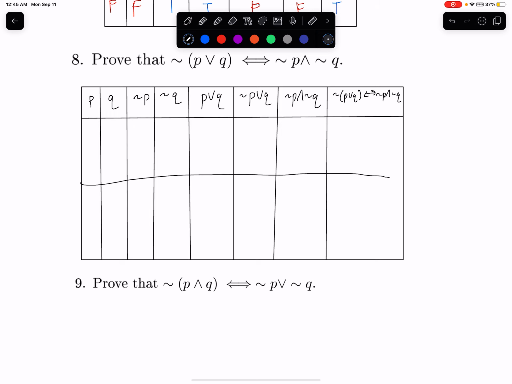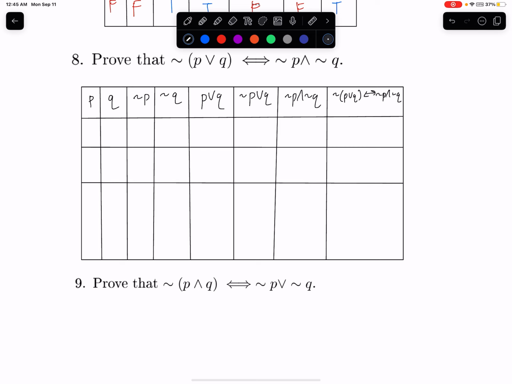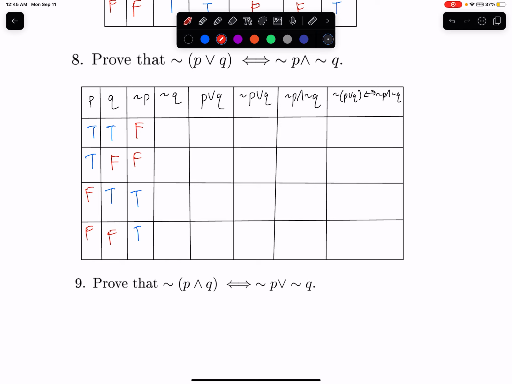And what I mean by standard way, since there are 4 rows, I'm going to do true, true, false, false for that P, and then true, false for the Q. All right, so true, true, false, false, and then true, false. The standard start for 4 rows. Not P is the opposite of the original P. Not Q is the opposite of the original Q.